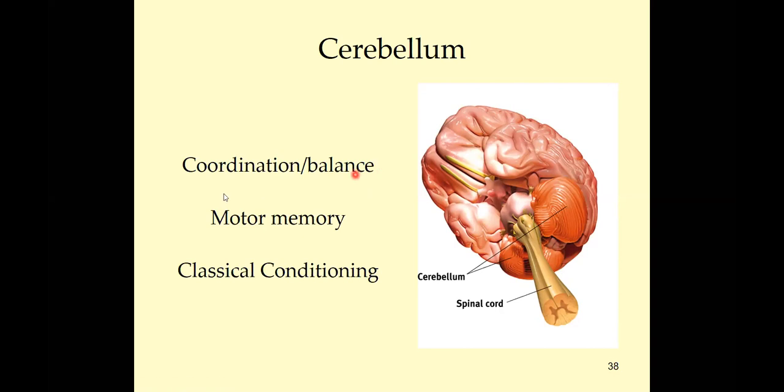This is also important for motor memory. So when we learn a new movement skill, this is the area of the brain that is necessary to lock in that new motor pattern. Classical conditioning requires this area of the brain as well. Now, classical conditioning is when we learn to associate one event which is followed by another immediately.